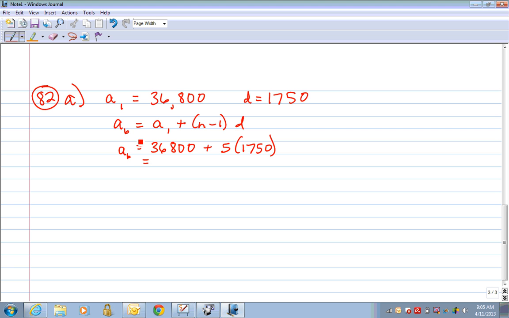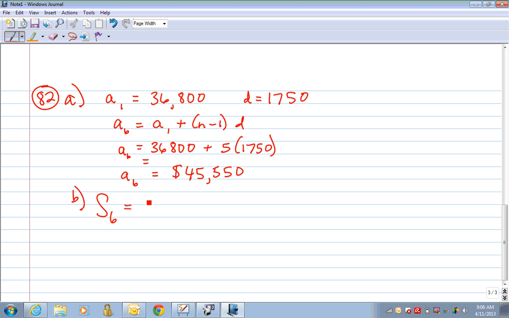So when we calculate, we get that A sub 6 is $45,550. That would be the salary for the 6th year. So for part B, we want the sum of the first 6 years.